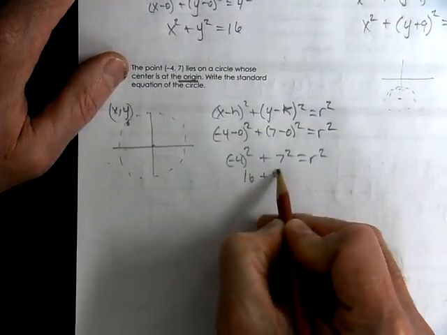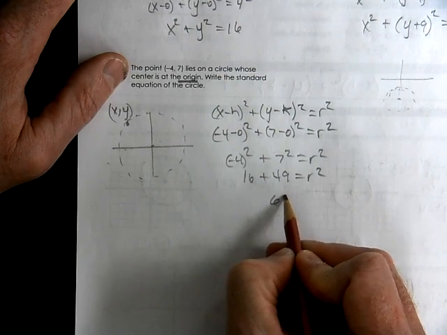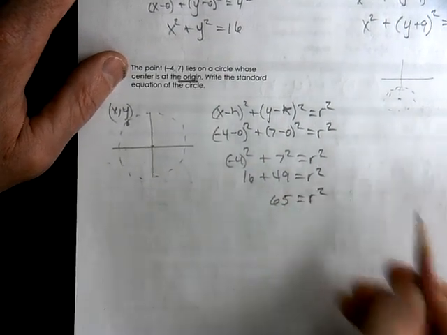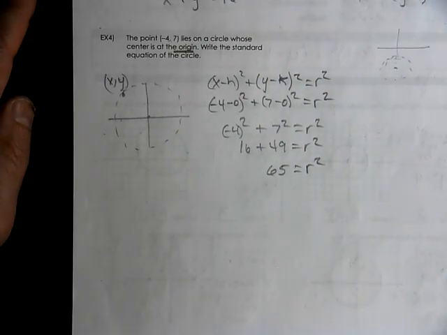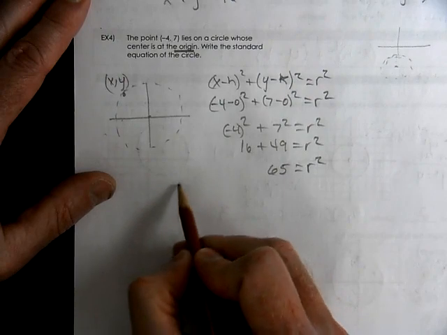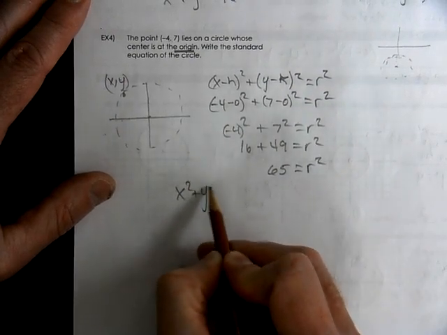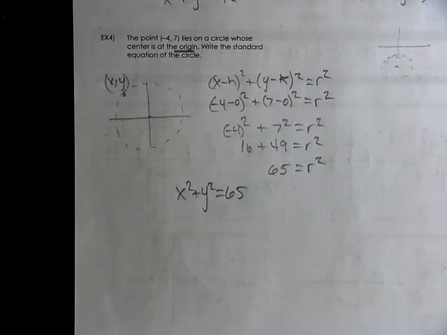So that 16 plus 49 is my radius squared. So that is 65 is my radius squared. I don't need to know what my radius is. I need to know what radius squared is. So I'm in the right spot now. So my equation is x squared plus y squared equals 65.